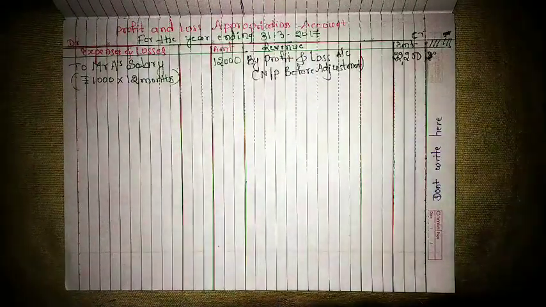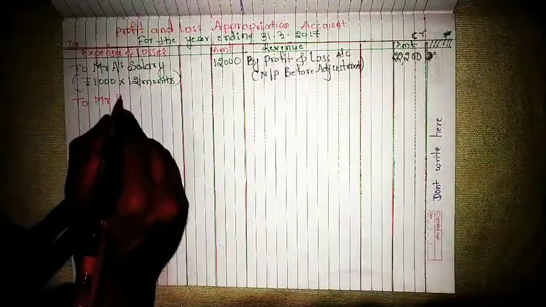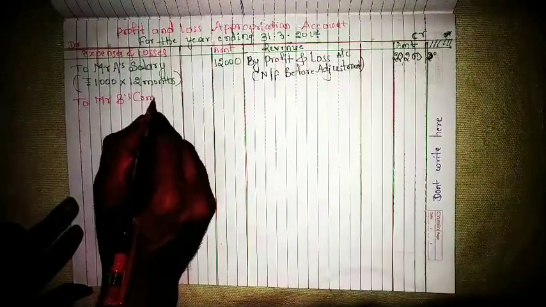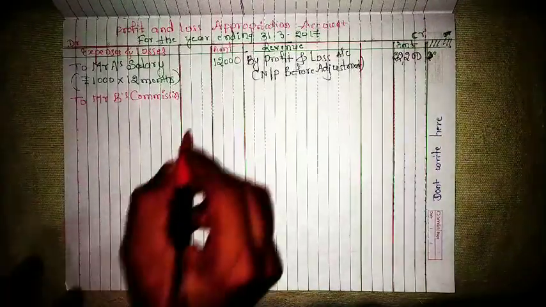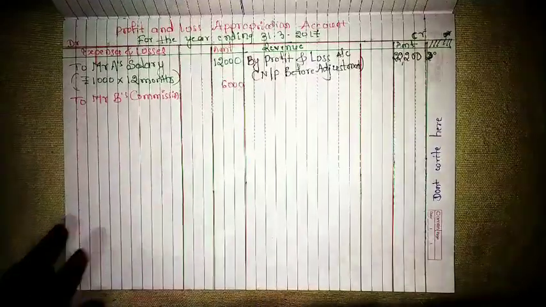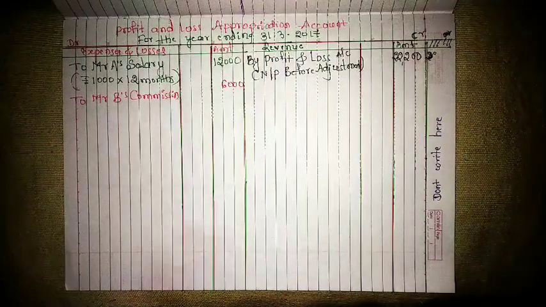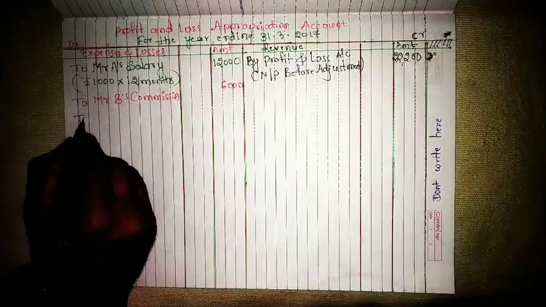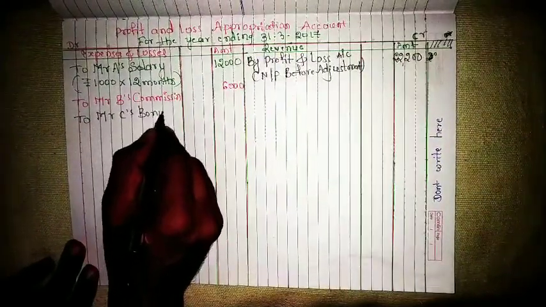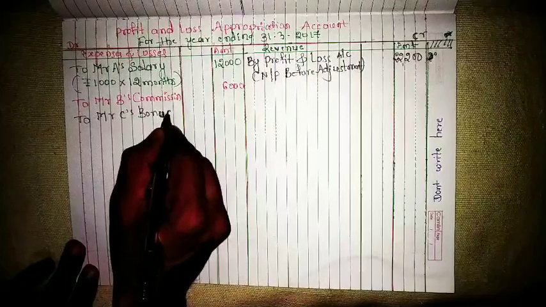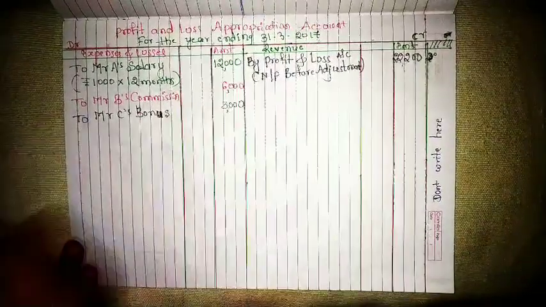Next, Mr. B's annual commission, to Mr. B's commission, rupees 6,000. Completed? Everybody? Next, to Mr. C's bonus, rupees 3,000. Completed?